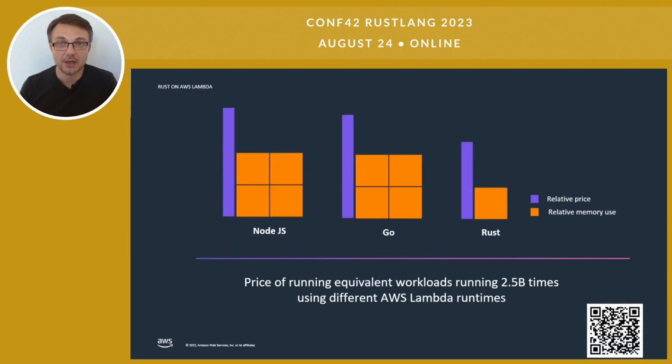Another great example, I have a customer who was running the majority of their workloads in Node.js, and essentially they were quite happy, but then they realized that there are certain types of workloads that require lower latency, and they started to optimize on the latency and started evaluating different options.